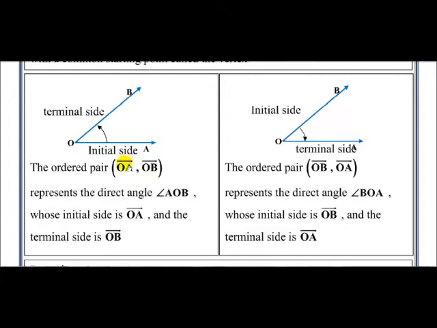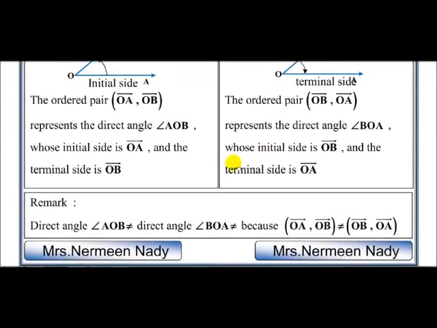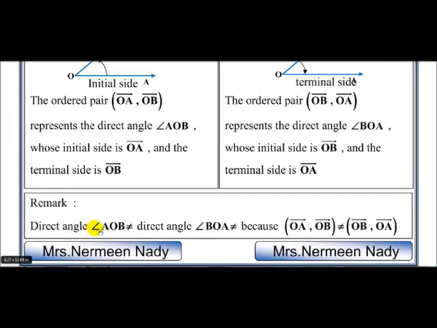Because this ordered pair is not equal to that ordered pair. Remark: directed angle AOB is not equal to directed angle BOA, because the ordered pair OA, OB is not equal to the ordered pair OB, OA.